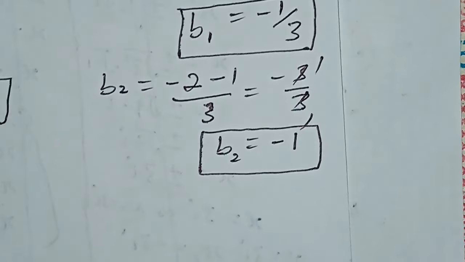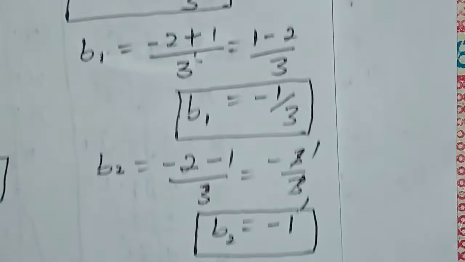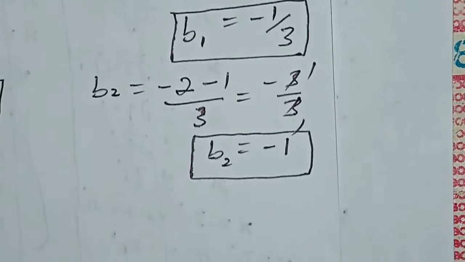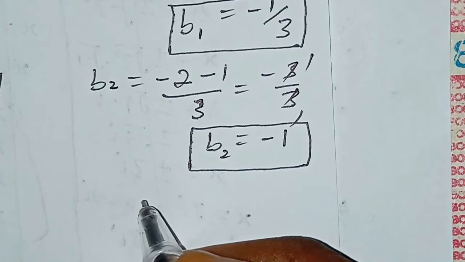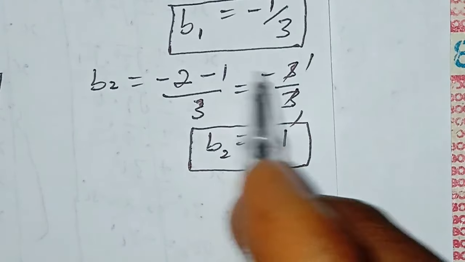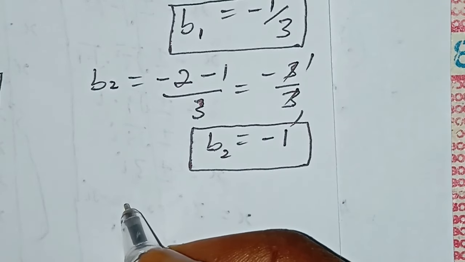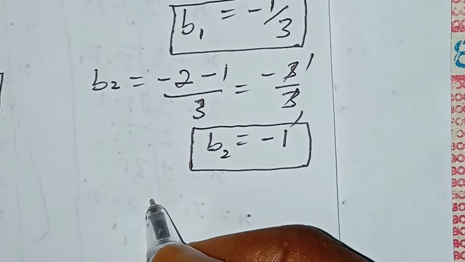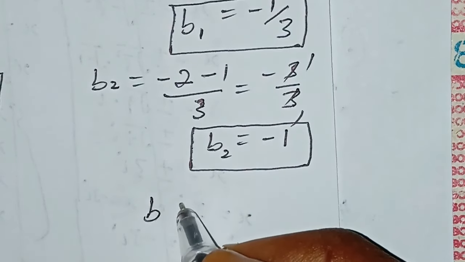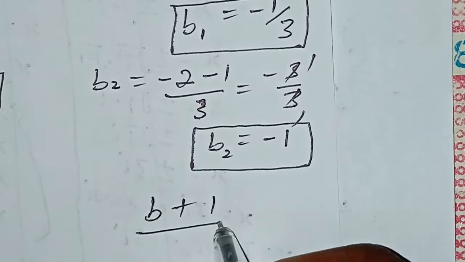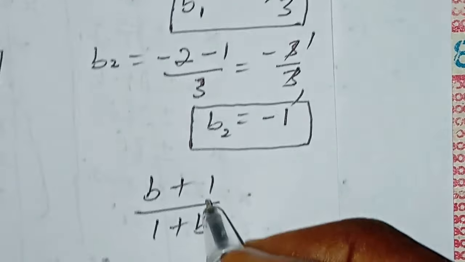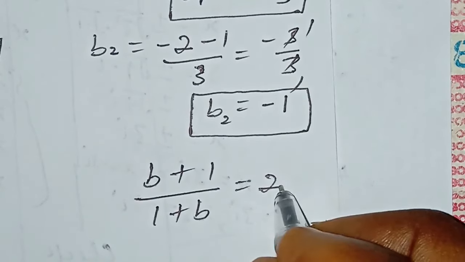So we can also verify these two values of b1 and b2, whether they satisfy our equation. So from b1, let's verify for b1. Our equation implies b plus 1 over 1 plus b is equal to 2.